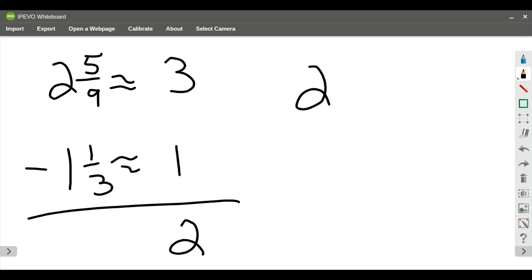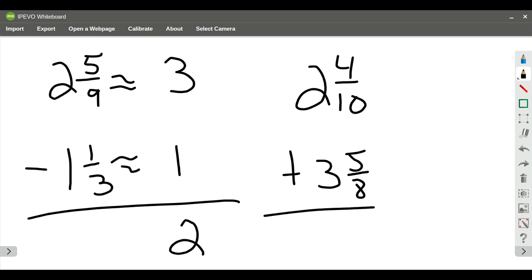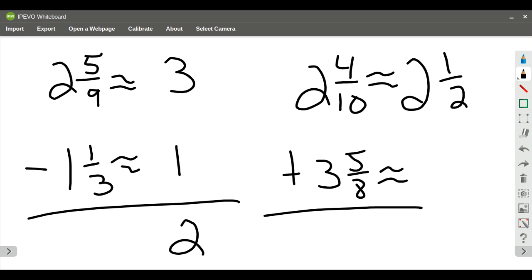And then I have 2 and 4/10, and I'm going to add that to 3 and 5/8. When I add those together, the first thing I'm going to do is my estimation. So 2 and 4/10 is going to be close to 2.5. And then 3 and 5/8, I'm going to round that one up to 4, or you could leave it at 3.5.